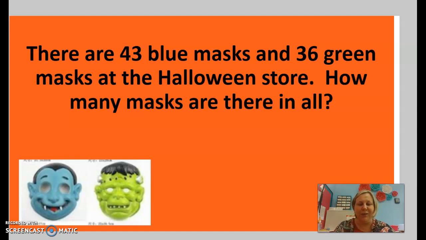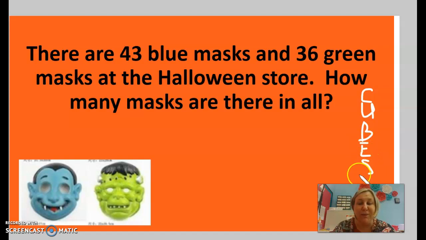Okay, let's read the problem. There are 43 blue masks and 36 green masks at the Halloween store. How many masks are there in all? Remember, I'm going to write out cubes to help me solve the problem, because there are 5 steps in solving word problems.